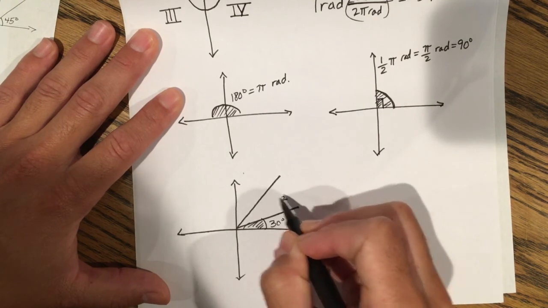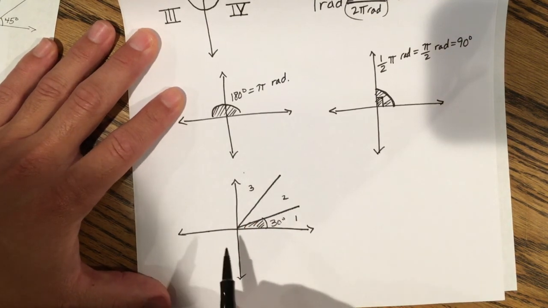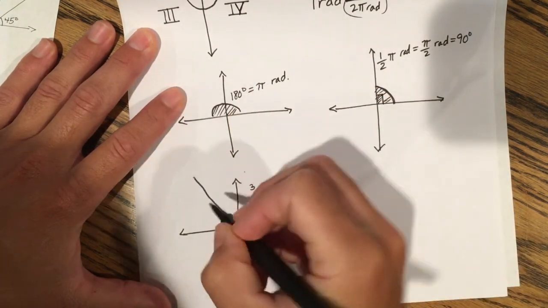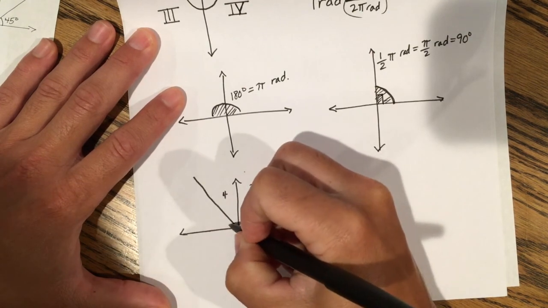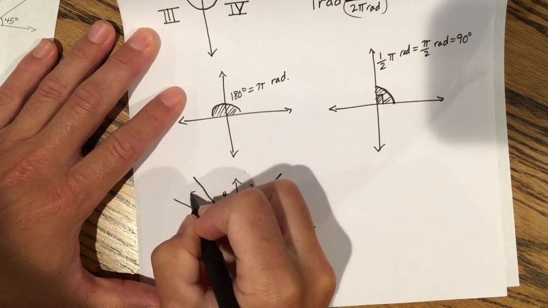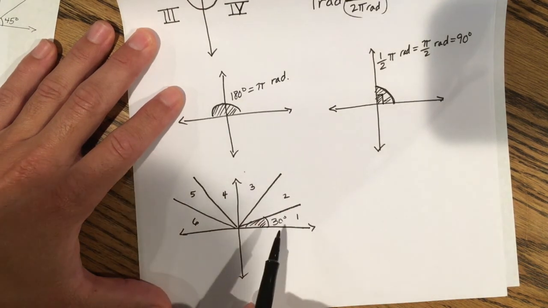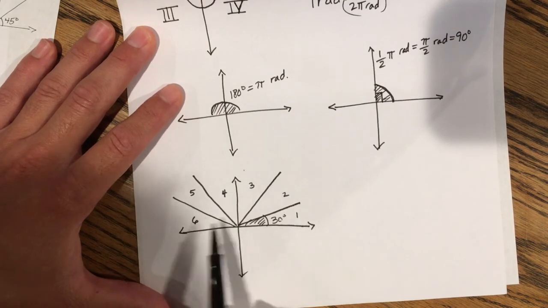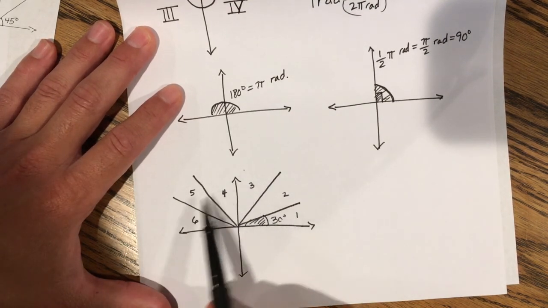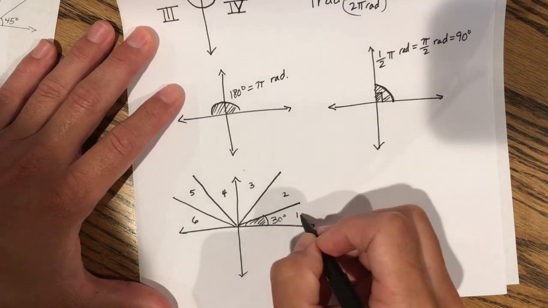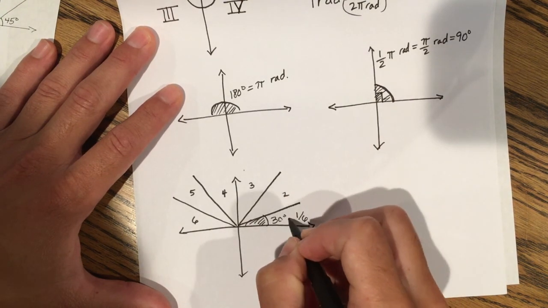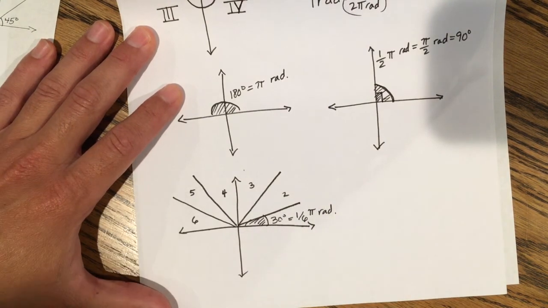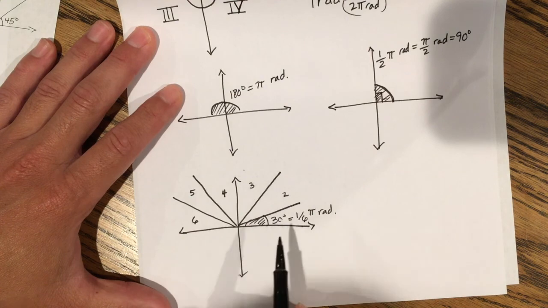Here's 1, 2, 3 parts, and you can keep going, 4, 5, 6. If you add up 30, 30, 30, that gets you to 90, 30, 30, 30, that gets you to 180. So 6 parts gets us to 180. So this is 1/6 pi radians, and that's a convenient way to make that change.